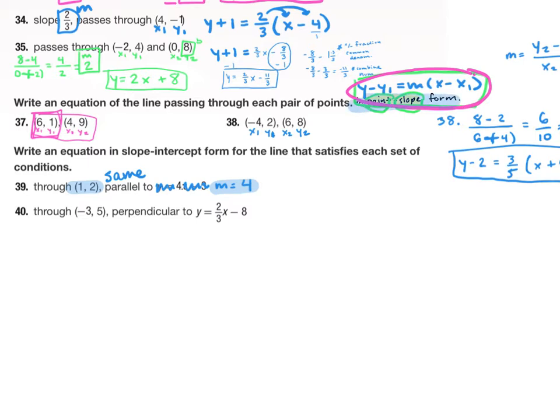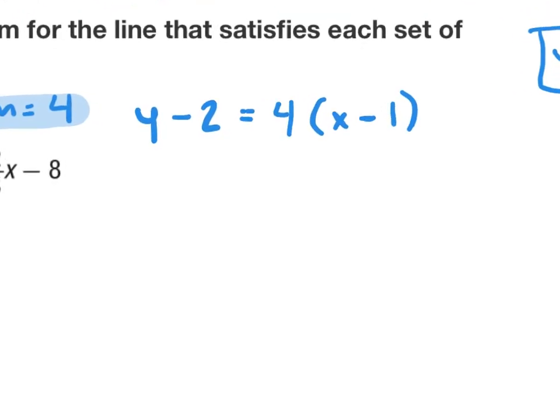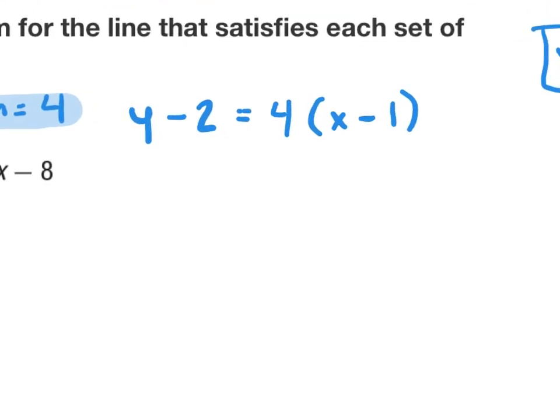So we have y minus, what's our y1? 2 is equal to our slope, which is 4, times x minus, what's our x1? 1. So this is point slope form. How do we get this into slope-intercept form? You solve it. How do we solve? You distribute.